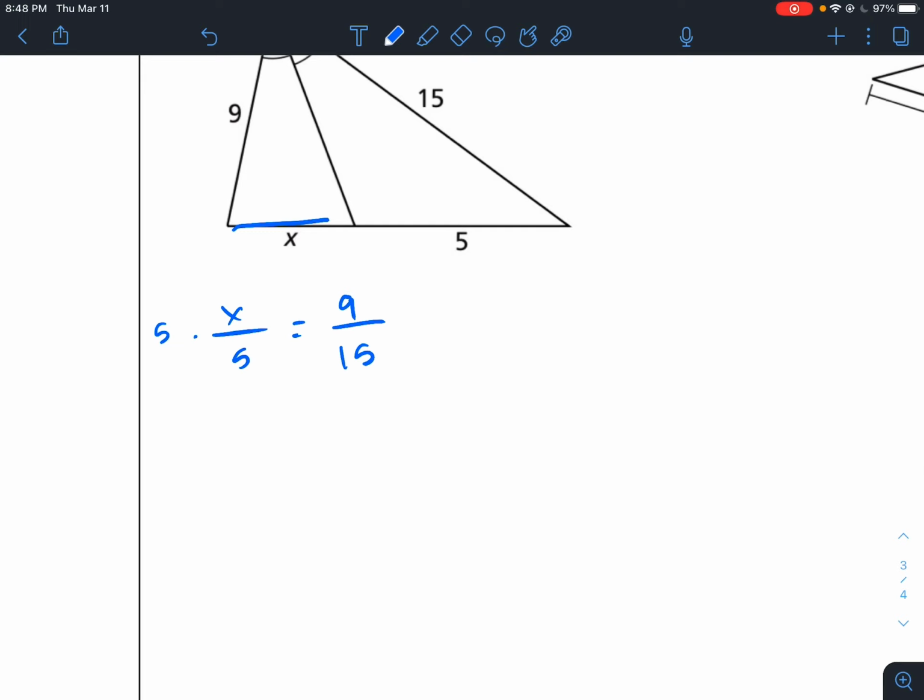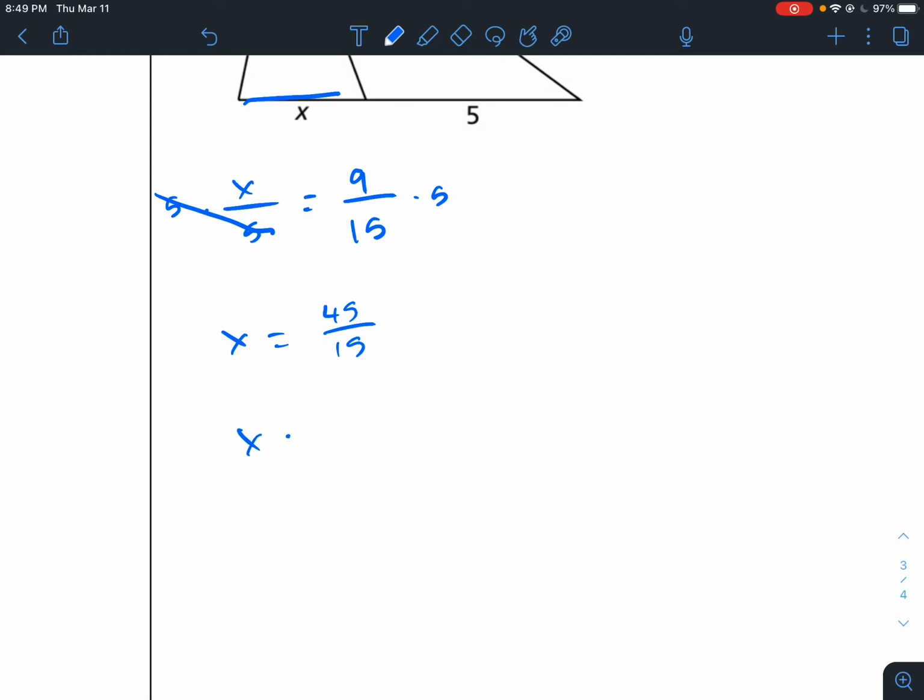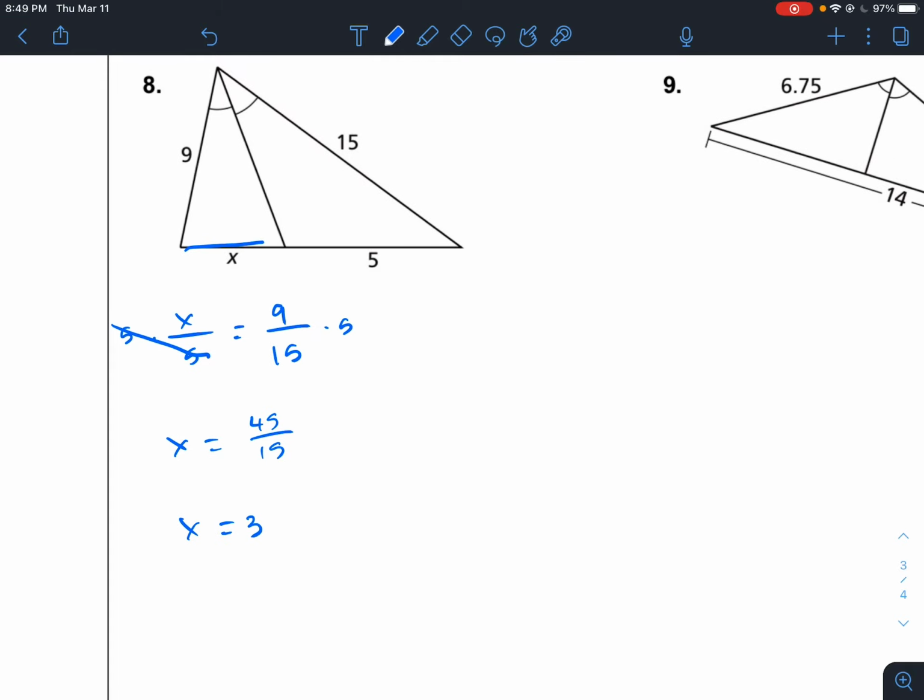I can multiply both sides by 5. So that eliminates the 5, and it is equal to 9 times 5, and 9 times 5 is 45. So I get 45 over 15, and 45 divided by 15 is equal to 3. So x here would be equal to 3. So that was for 8.